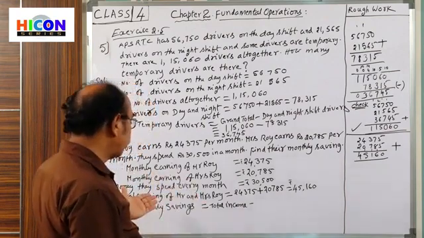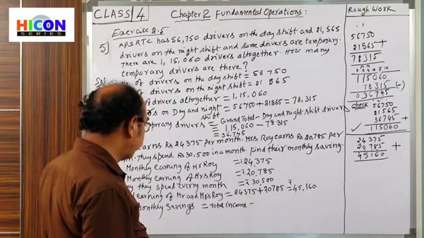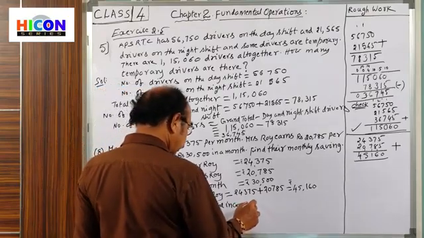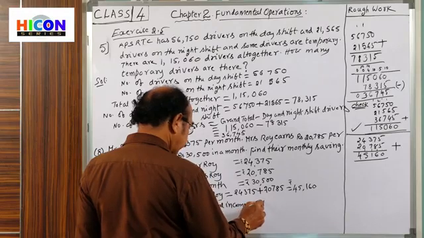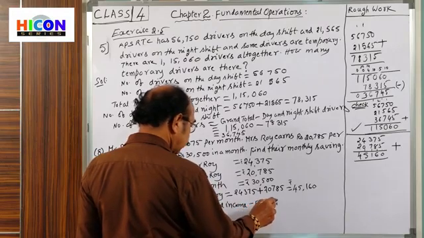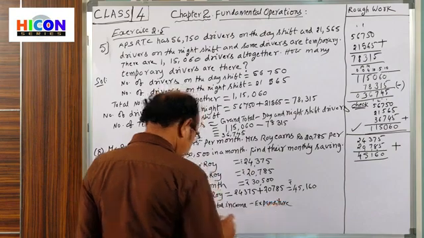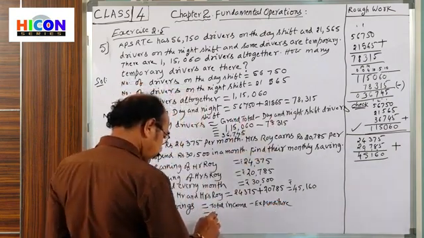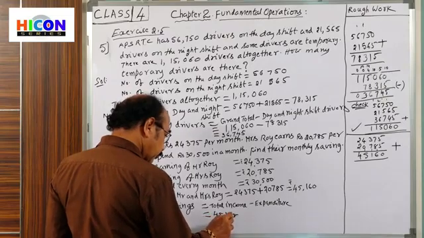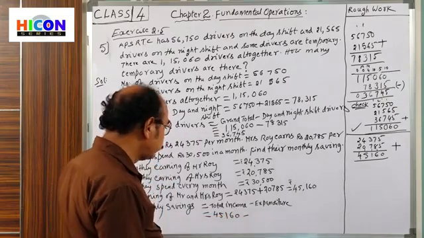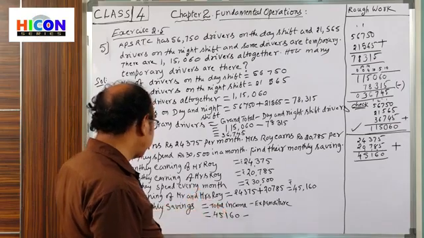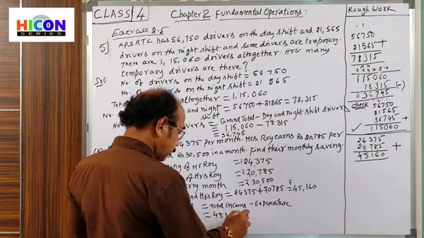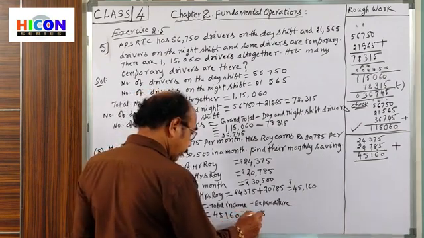How much are they spending every month? 30,500. Okay now. Total income minus expenditure. What is the total income? 45,160. From this subtract the expenditure. They spend every month 30,500.